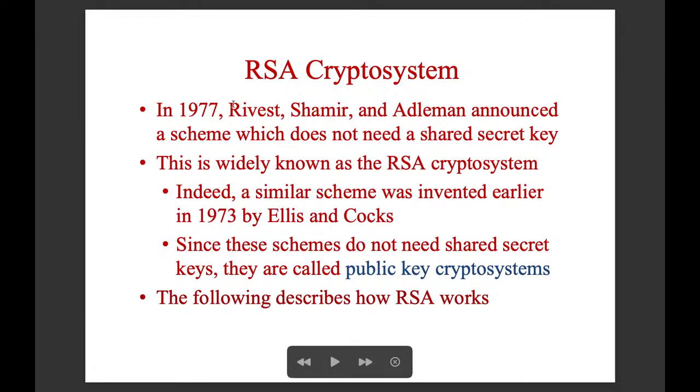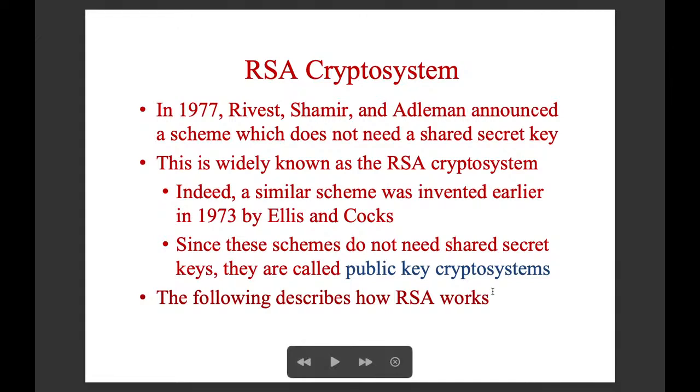People nowadays call this method the RSA Cryptosystem. But in fact, a similar system was also designed in England earlier, in 1973, by Ellis and Cocks. But at that time, this was really secret. They used it in military intelligence, so this scheme was not announced at that time.